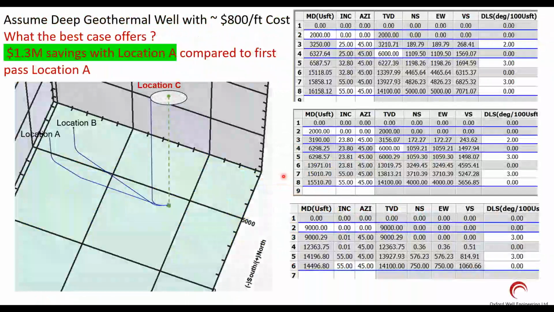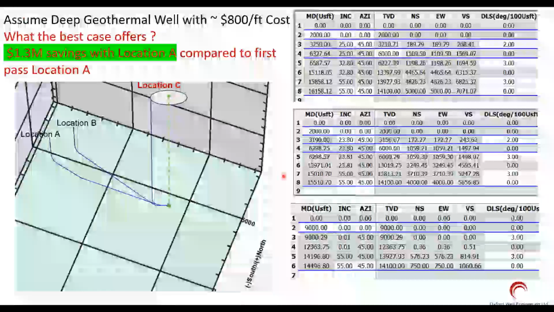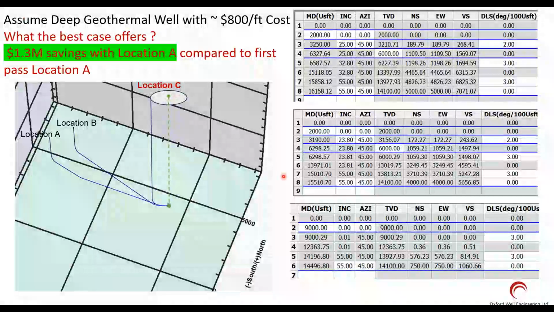Here is another example. I talked to you about location optimization. Somebody came and said, okay, this location is good for me. I told my vendors, the directional drilling provider, they gave me location A to drill from. I want it to be at 55° and 45° azimuth when I am entering and hitting my target.